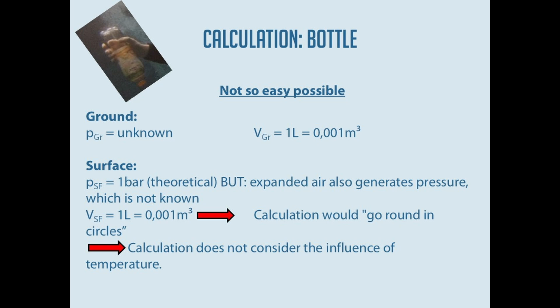But of course this is not true. The air expands in the bottle, and this creates pressure in the bottle, and this must then of course be greater than at the ground. The volume remains the same, but if we now simply insert these numbers, we would turn in circles and not come to any result.